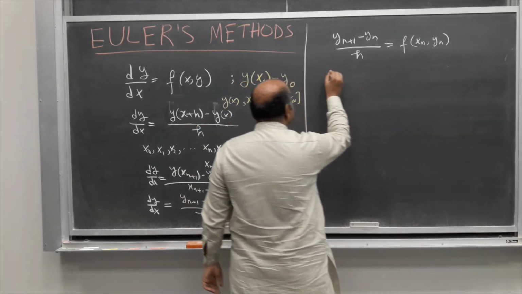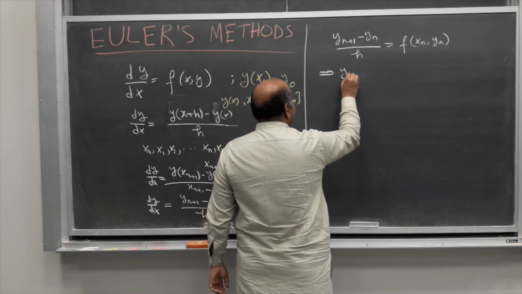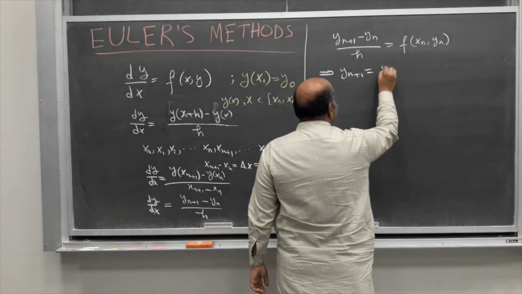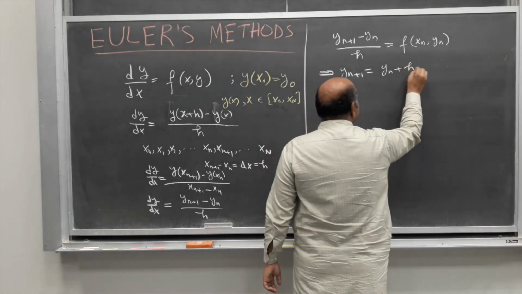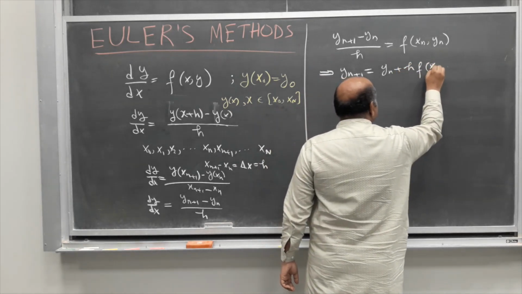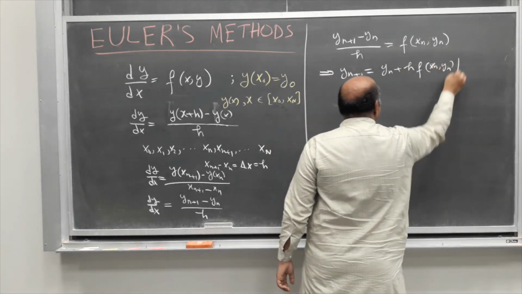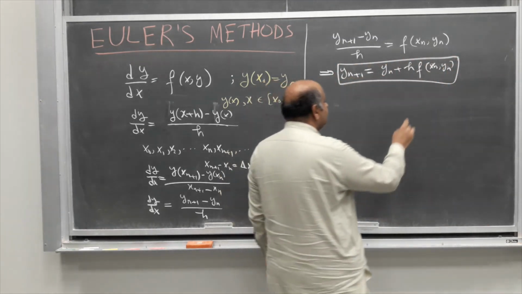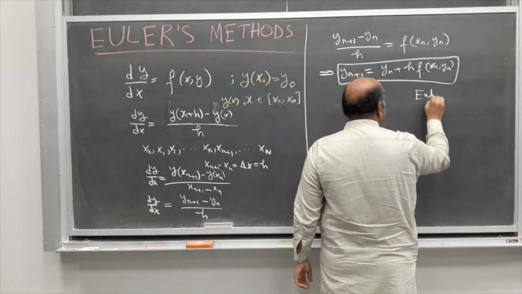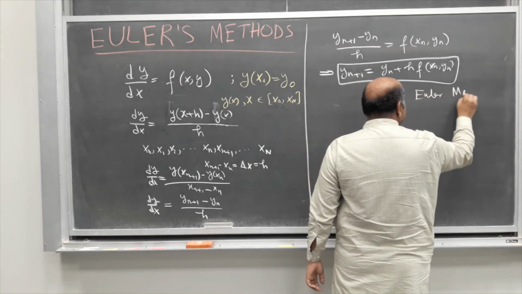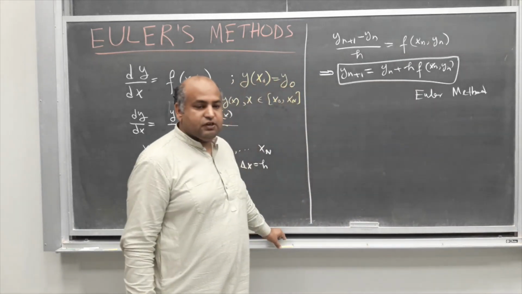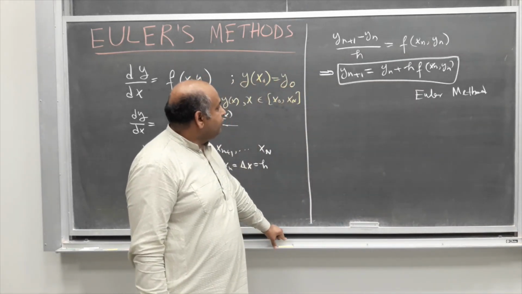So putting it here, this means that I can rearrange it: this h goes there and this yn comes on this side. So this is the Euler forward method, or just Euler's method, for approximating the solution of a first order differential equation.